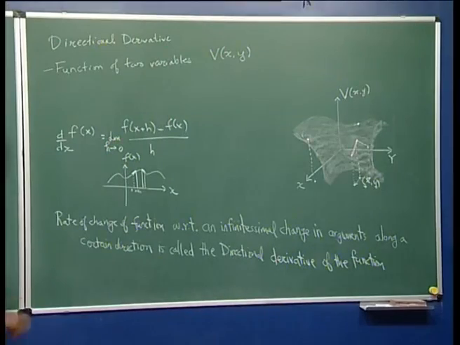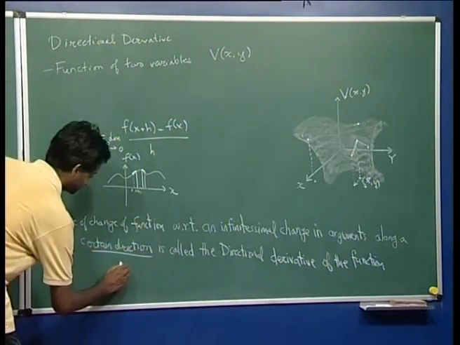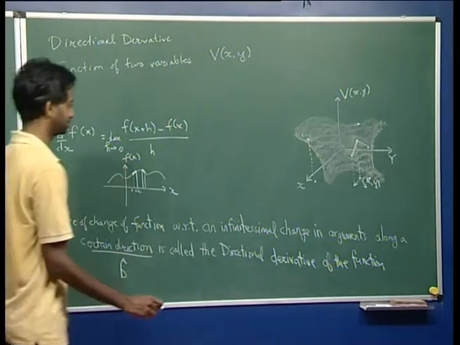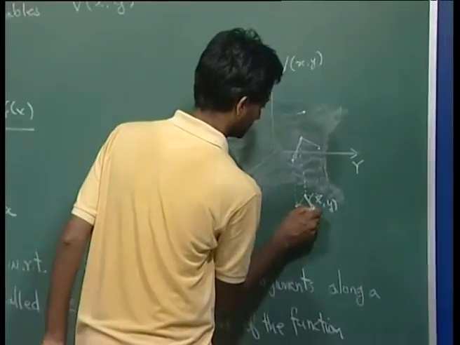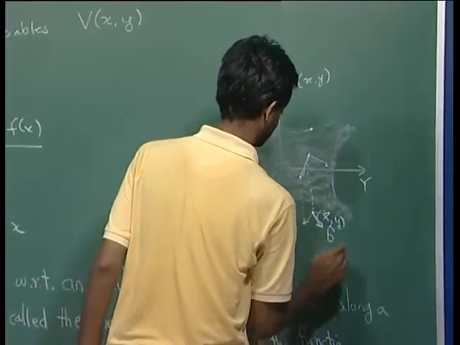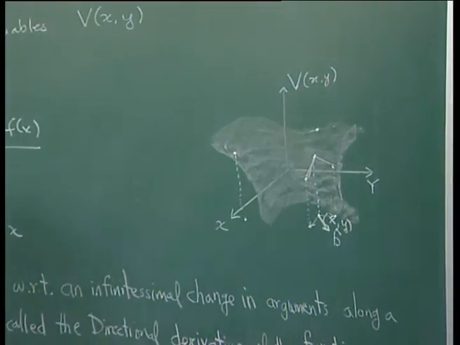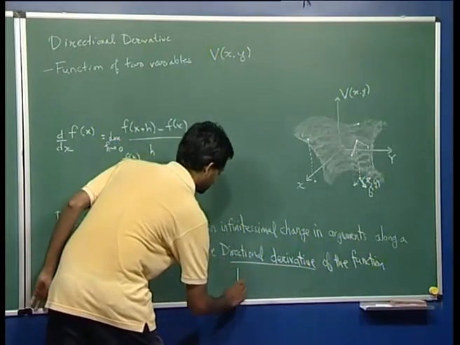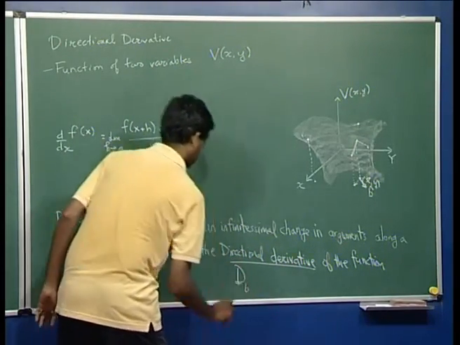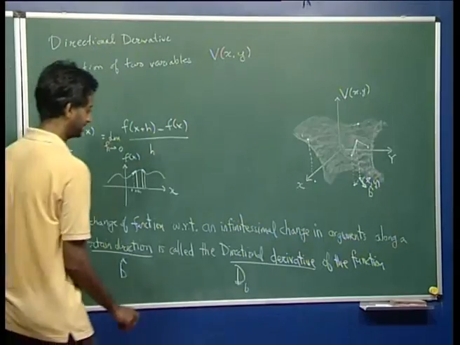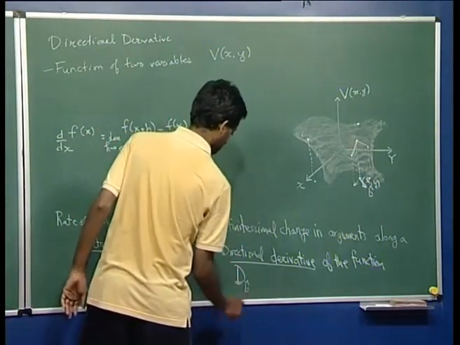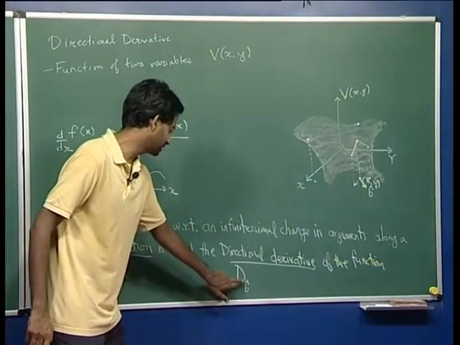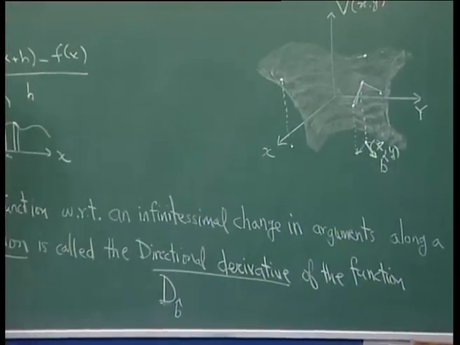If this direction is denoted by a unit vector b hat that points along this direction, then for the directional derivative you use the symbol D_b. So D_b tells you the rate of change of the function as you go an infinitesimal distance along the b direction.